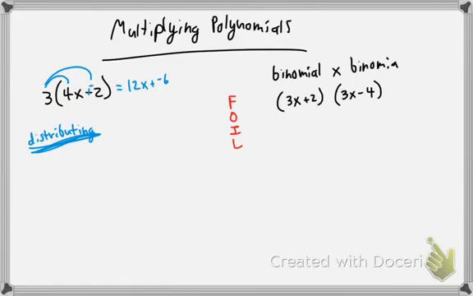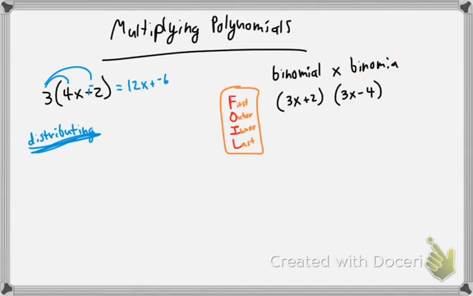You know why it's FOIL? Because FOIL stands for first, outer, inner, last. This is a cool process or idea that we can use to efficiently multiply two binomials together, okay? It works best when we have a binomial times a binomial. Otherwise, you have to modify it a little bit, okay?